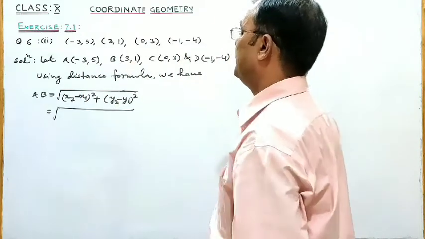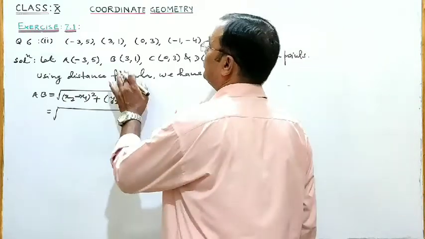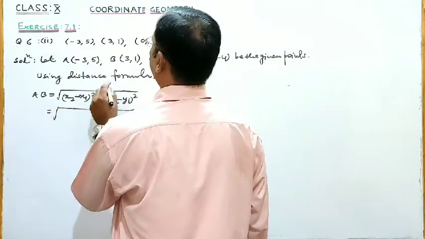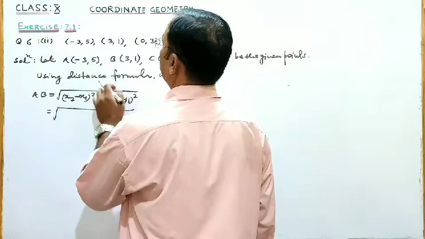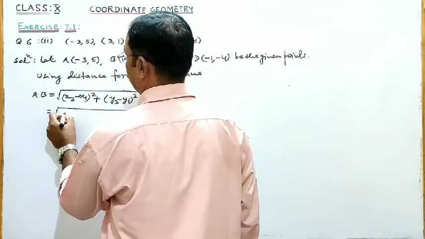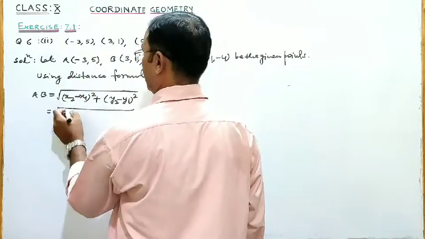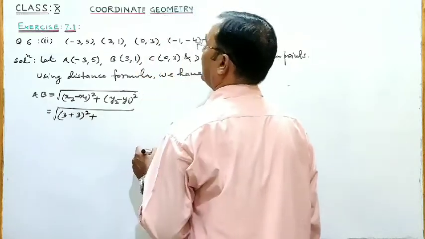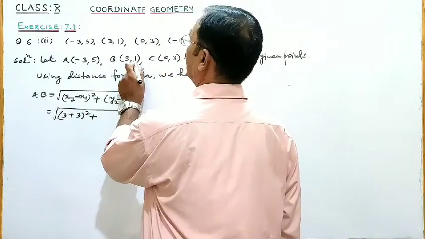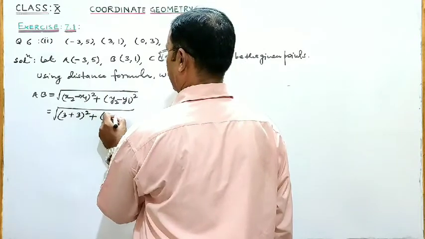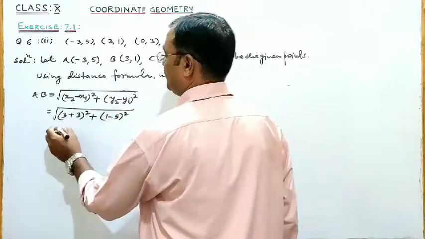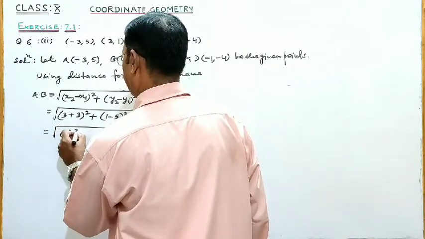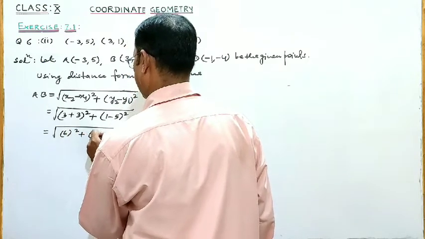Coordinates of point B are x2 y2. So 3 minus minus 3, x2 minus x1 whole square, 3 minus minus 3 plus 3 whole square plus y2 minus y1, 1 minus 5 whole square, and this is 6 square plus minus 4 square.